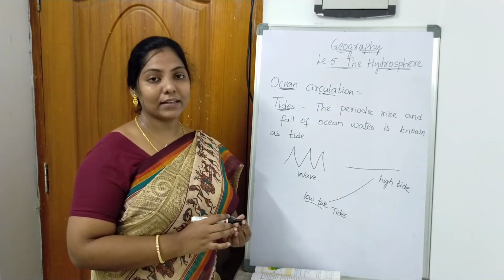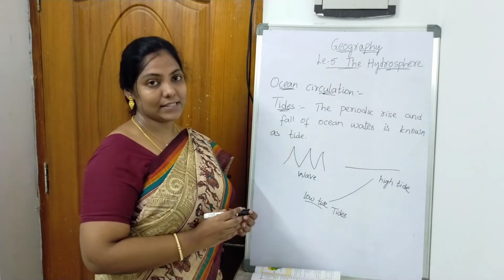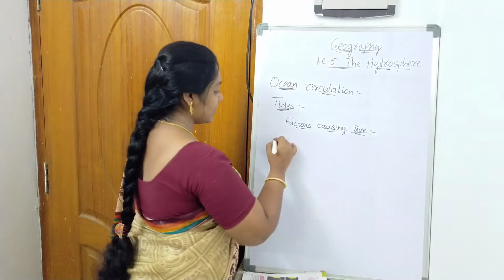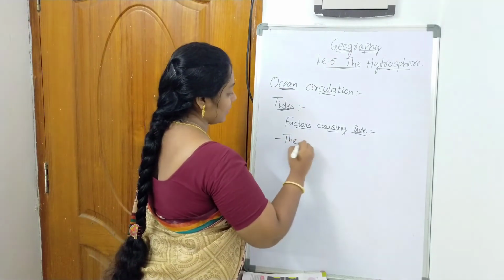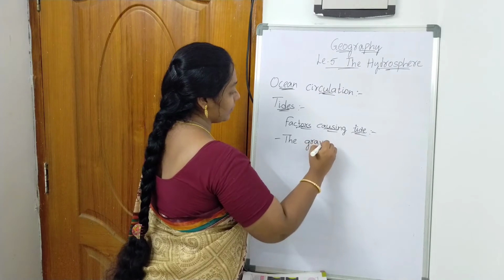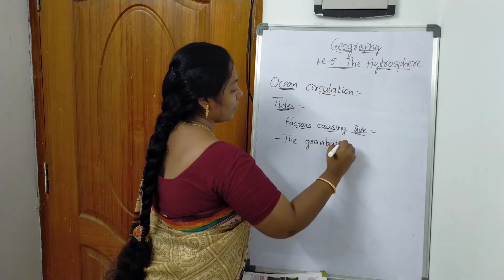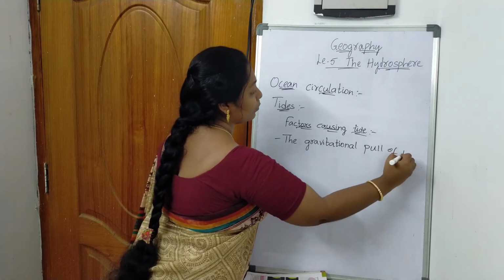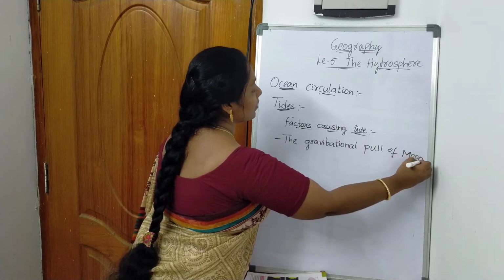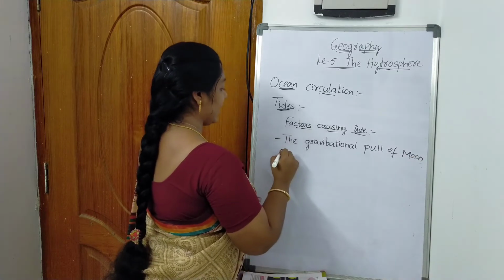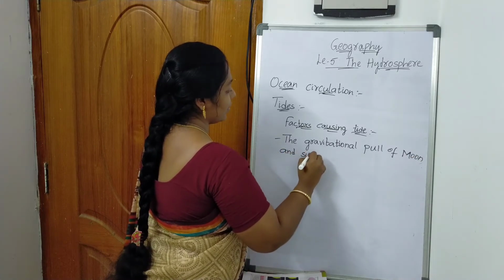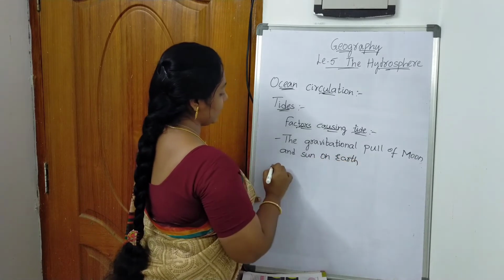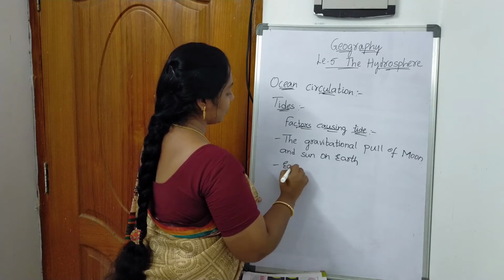And there are two factors which cause tides. The first one is the gravitational pull of moon and sun on earth, and the other one is earth's rotation.